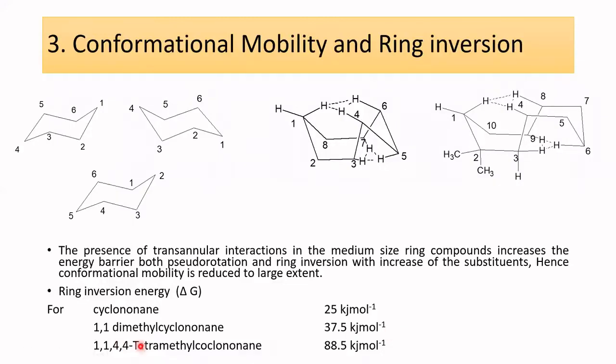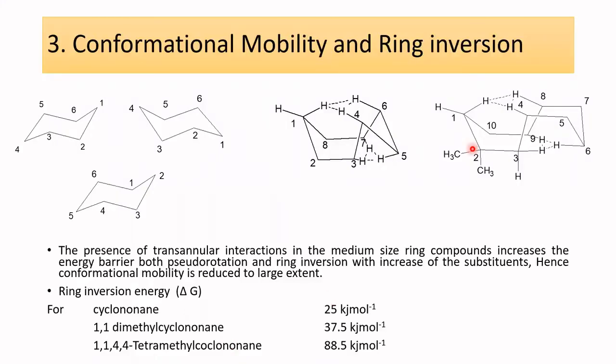But right now we can see there are four methyl groups, at positions 1, 1, 4, 4. It is experiencing the highest energy barrier of 88.5, which cannot be overcome. That's why this particular molecule will remain rigid in one conformation only.